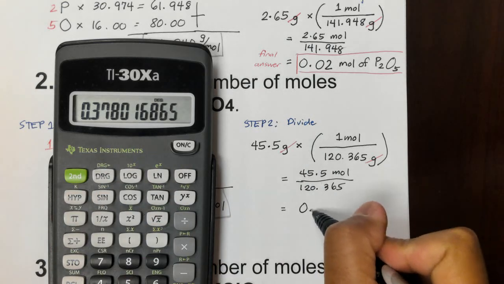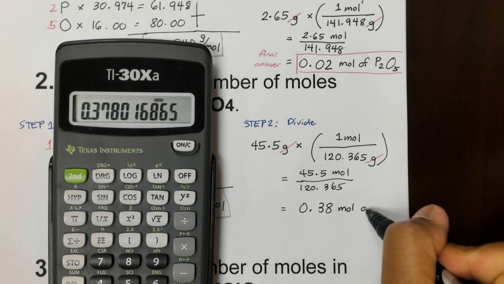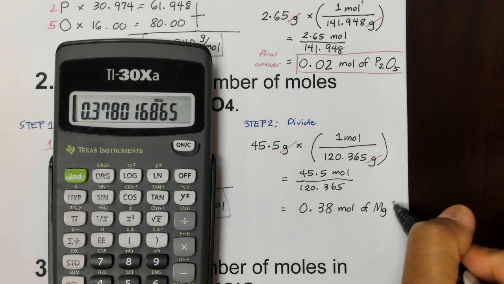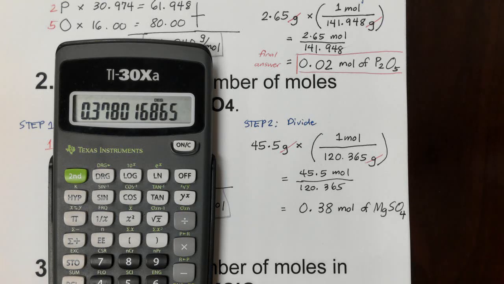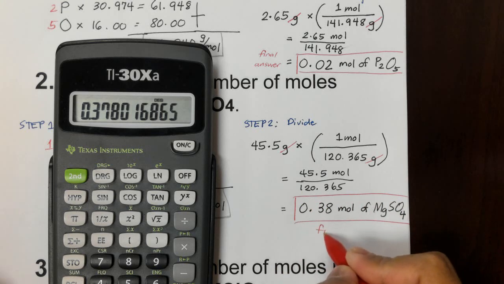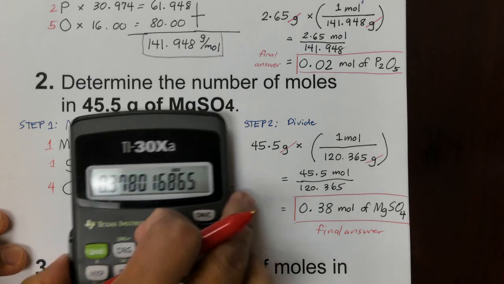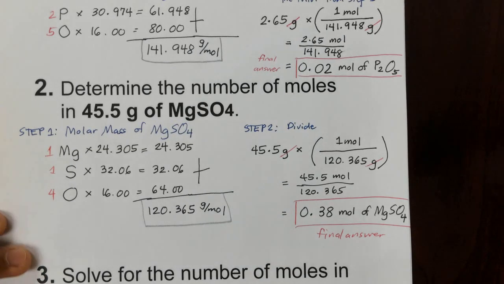So that's 0.38, and then the unit will be mole of MgSO4. And that is our final answer for this problem right here. Okay? So that's the whole process for converting mass to mole.